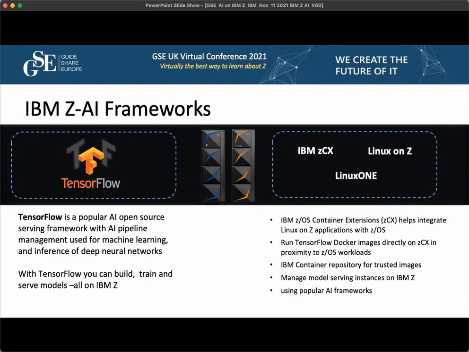And it can run in any of our Linux environments, LinuxONE, Linux on Z, as well as IBM z/OS Container Extensions, which is a Linux-like environment running directly on z/OS, where you can bring Linux-like containerized workloads and AI frameworks that will run directly on z/OS. And we've seen quite a few clients leverage zCX to deploy their AI models very close to their z/OS applications.